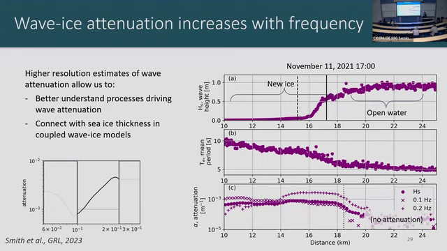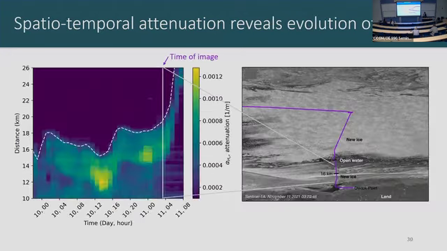Additionally, I showed earlier that we have the potential to invert this type of data to get at the ice thickness at the surface as well. So potentially coupling this with those observations of ice thickness is going to be critical for validating or calibrating models of waves in sea ice for use in modeling waves and associated processes in these regions.